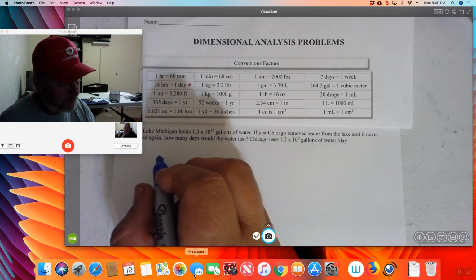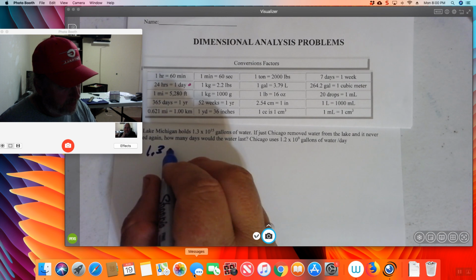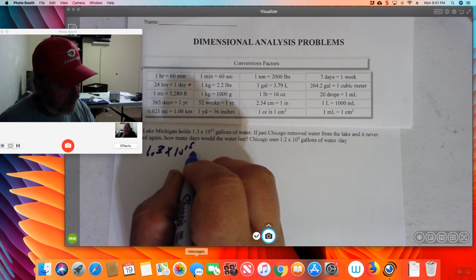Okay. So let's start with the amount, 1.3 times 10 to the 15th gallons.